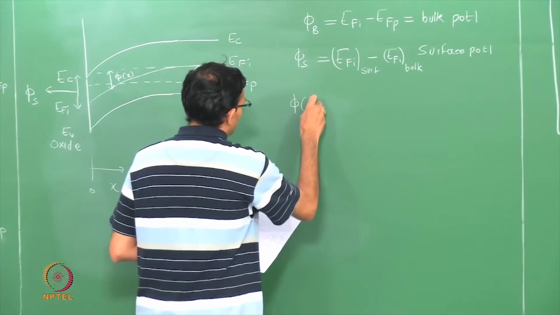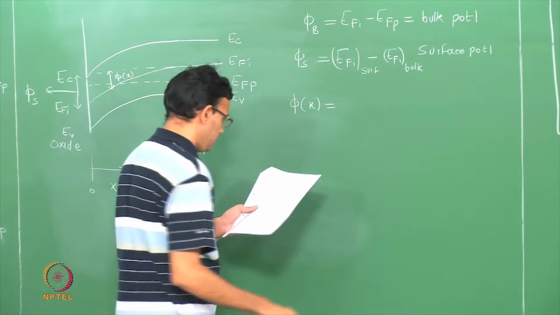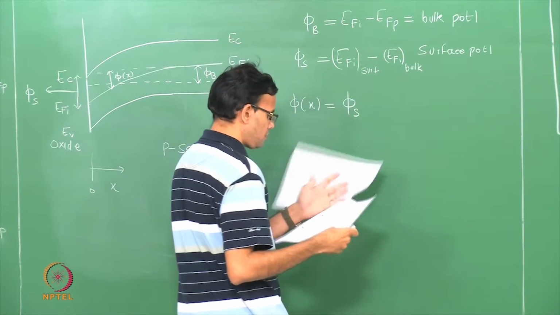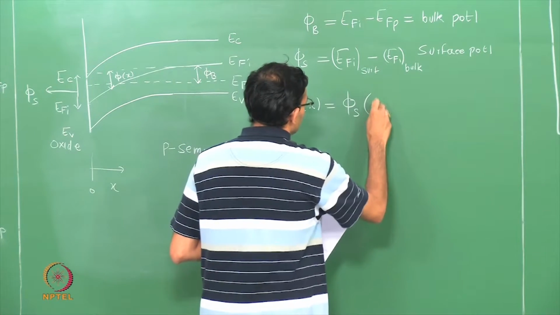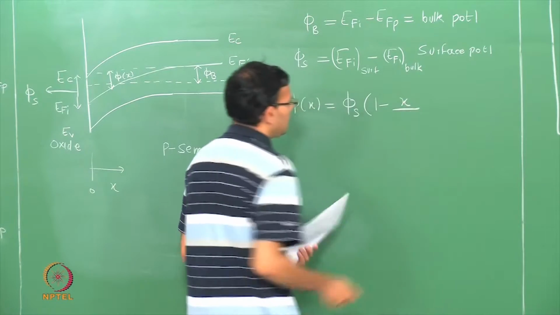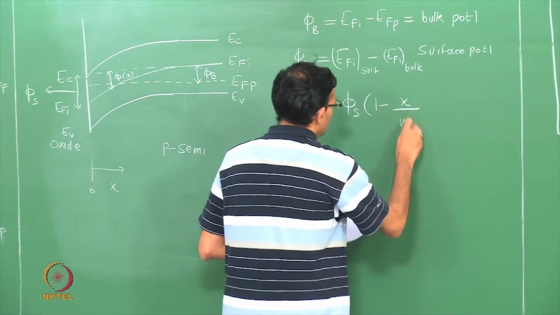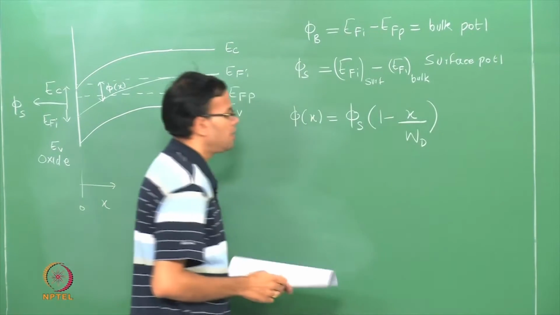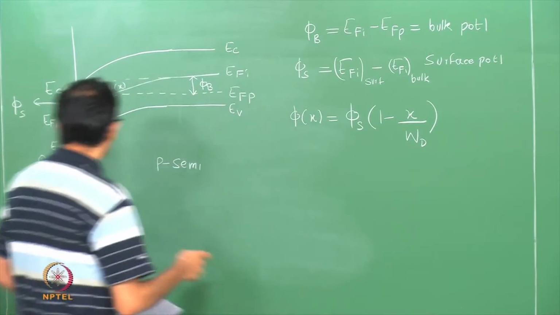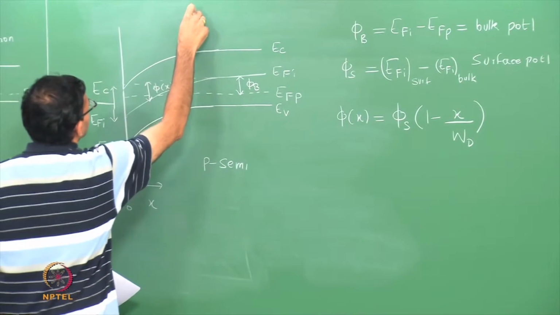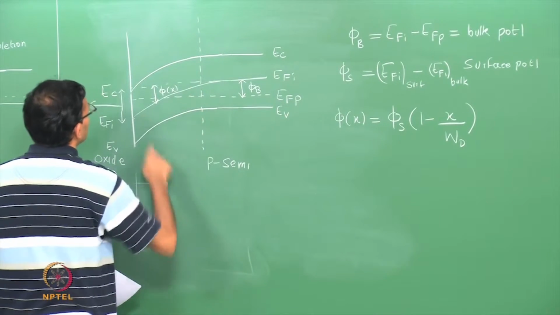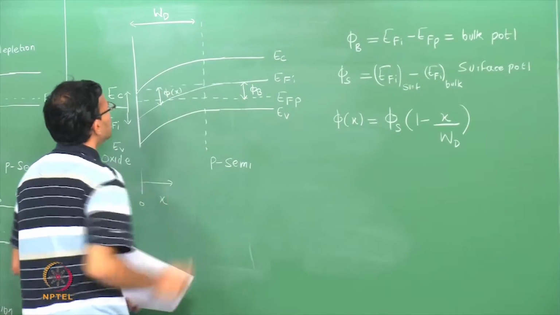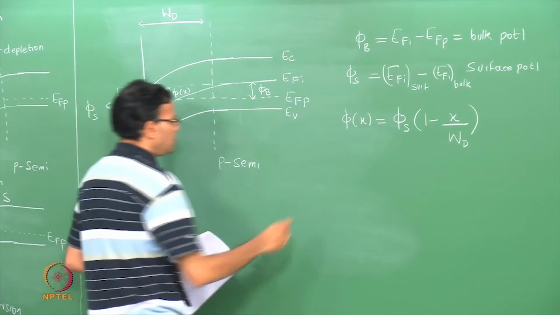So phi as a function of x is nothing but psi s minus x over w d, where w d is the width of the depletion region. So w d is the width of the depletion region.